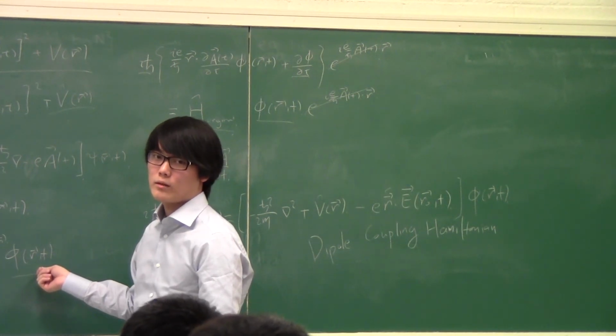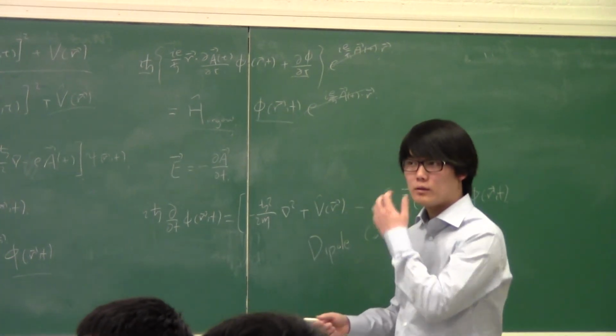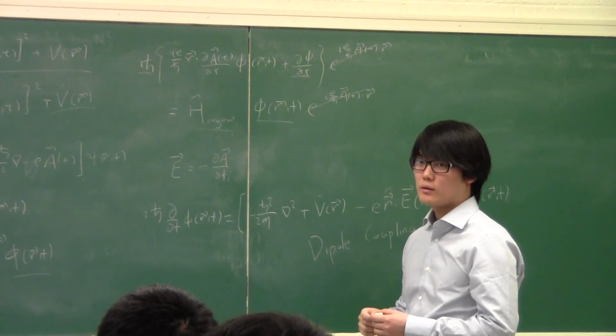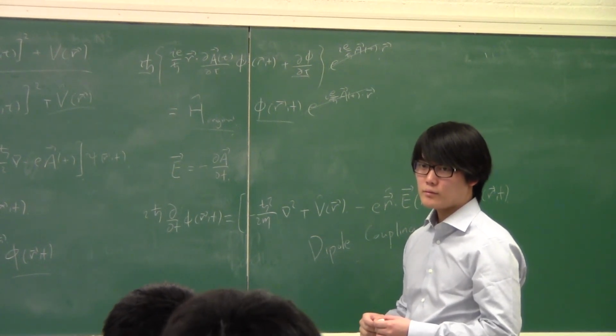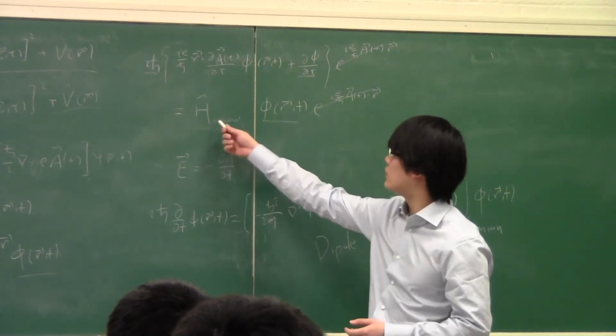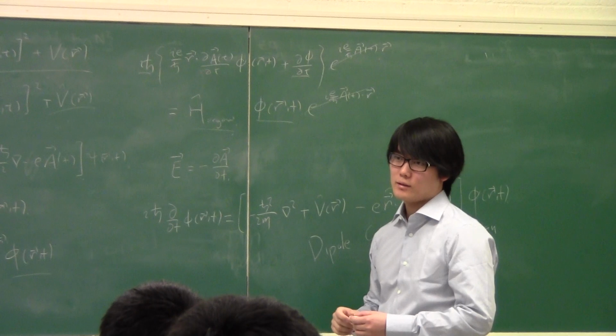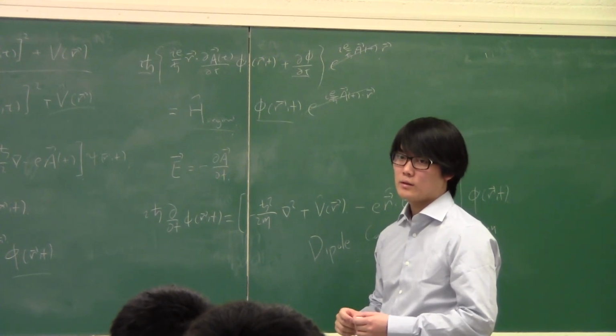So there's no A term. The original Hamiltonian doesn't have an A in it anymore. So the iħ ∂φ/∂t is not equal to the original Hamiltonian on top of this. Yeah, if that's what you're asking.